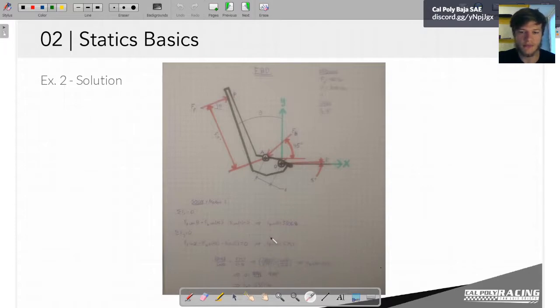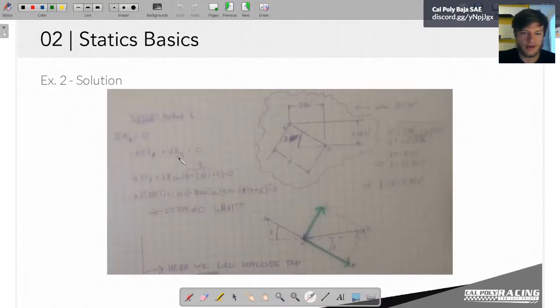The issue is, I can get correct numbers here, but if we try and solve the moments, and again, I apologize for the quality, you realize, oh, those don't add up to 0. It doesn't work. So what I concluded from that was that I drew the force in the wrong direction, which is a valid thing to conclude.